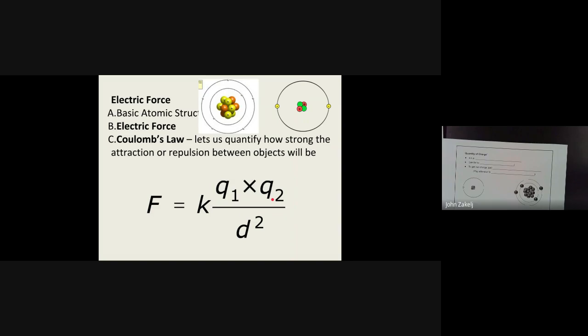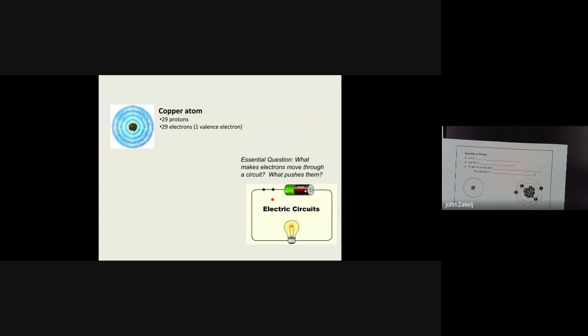So there we have it. We've got the basic atomic structure, this thing called electric force, and then Coulomb's law, which helps us understand why the electric force is strong in some situations and weak in others.